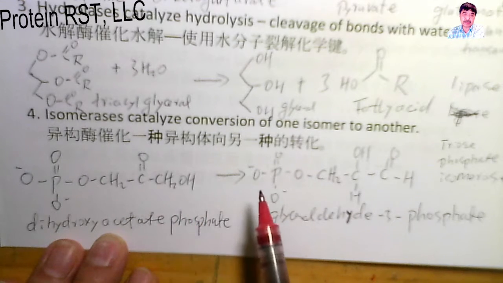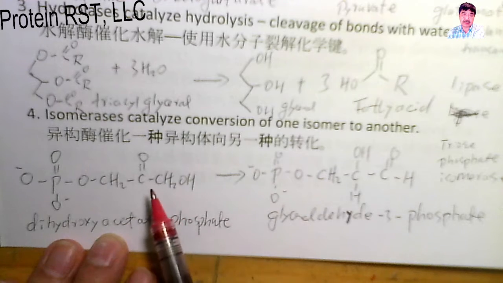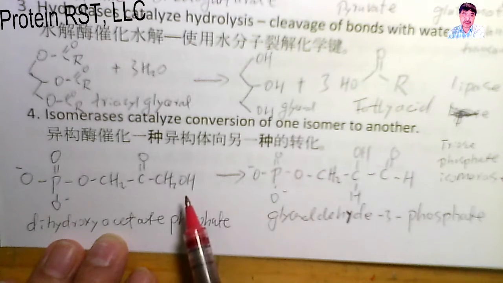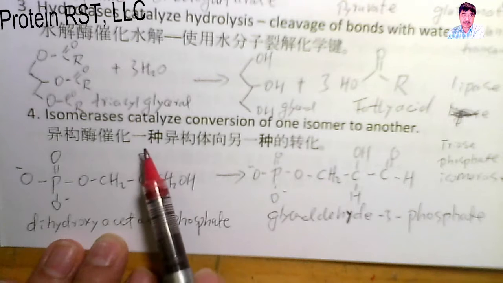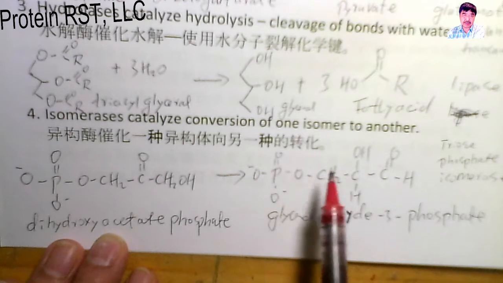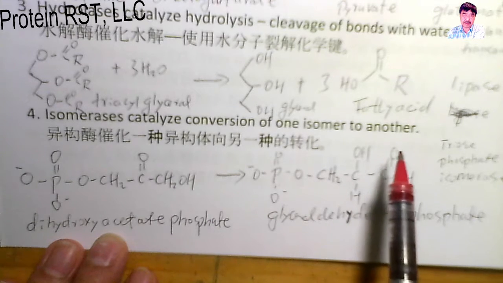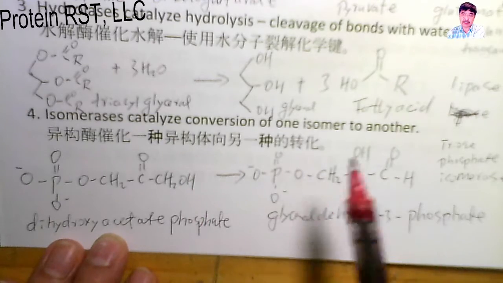They have the same formula, but the structure is different. You can see here in this molecule, this carbonyl group becomes a hydroxyl group, and the hydroxyl here becomes a carbonyl group, and these two are isomers.